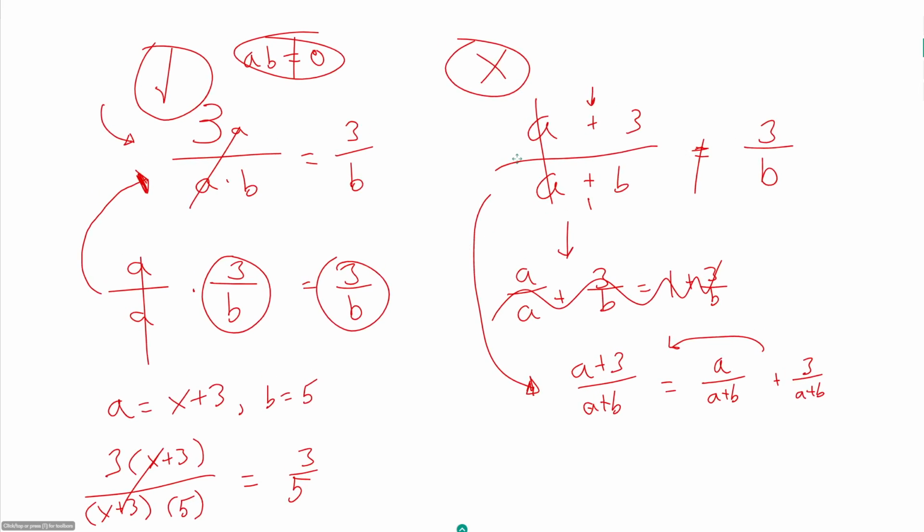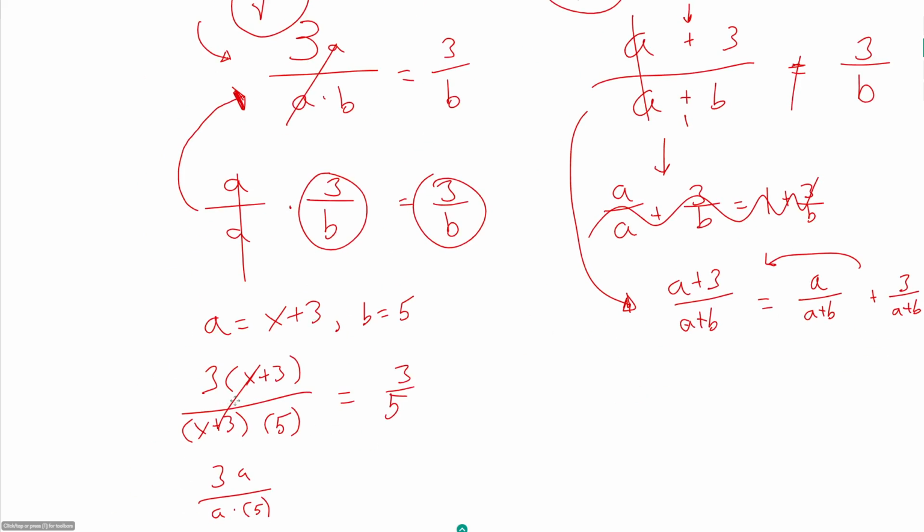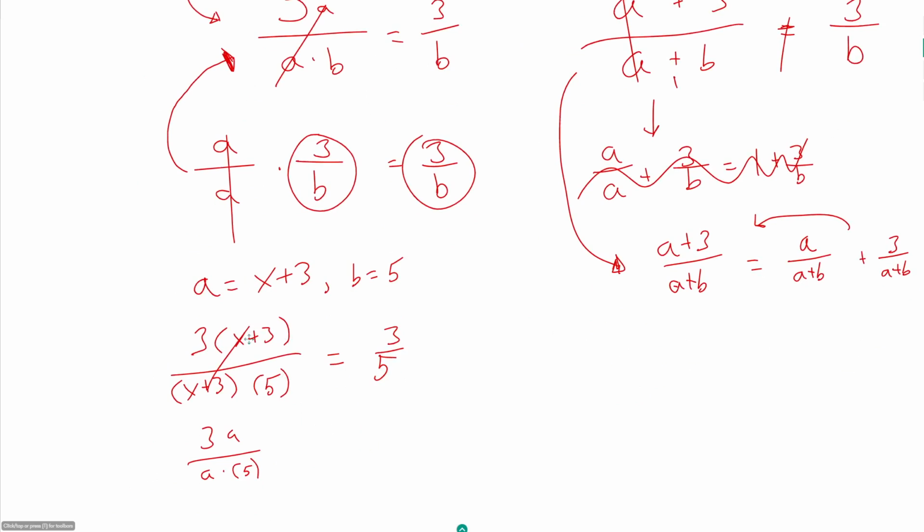What you cannot do is, when you have two addition or subtraction expressions over each other, you cannot split your denominator. Here, even though it might look like we have an addition expression, we really have two multiplication expressions on top and bottom.